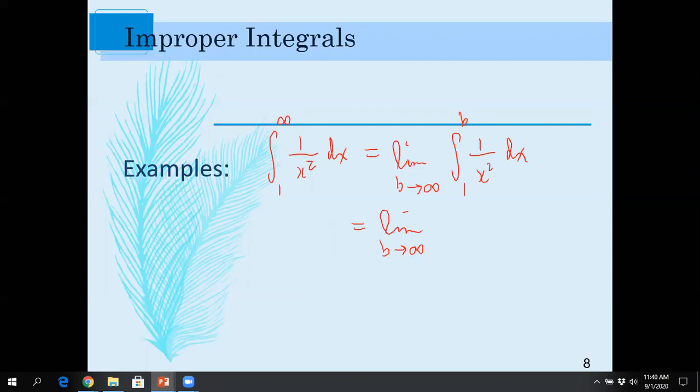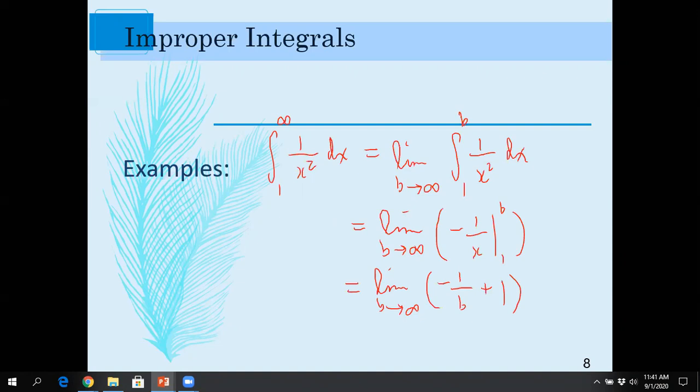What is the antiderivative of 1 over x squared? We just did this, didn't we? Negative 1 over x evaluated between 1 and b. So this is the limit as b goes to infinity of negative 1 over b minus negative 1, which is plus 1.